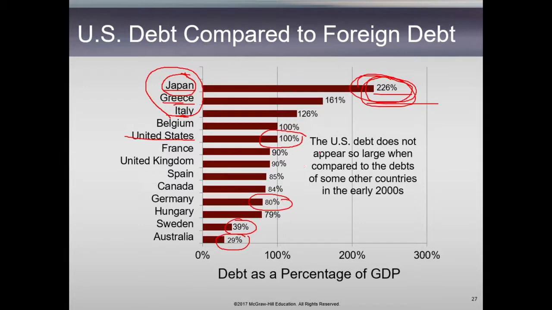So if you look at most of the economies that have debt to GDP ratios higher than the U.S., these are definitely economies that have struggled with macroeconomic problems, which leads some economists to be pretty concerned with the debt to GDP ratio in the United States of 100%.